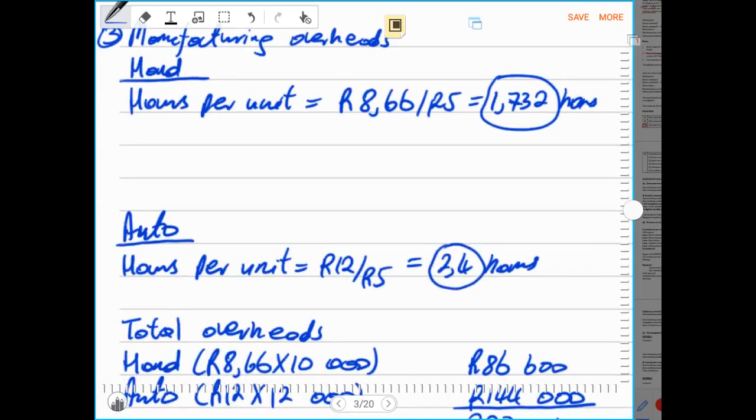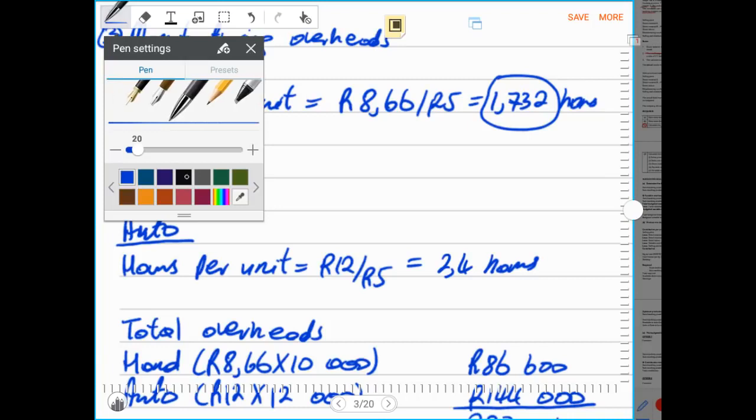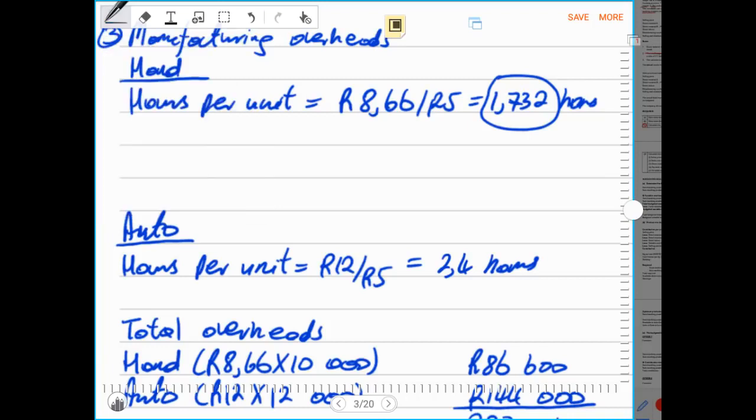So now in this case we need to calculate our budgeted overhead hours. Let us calculate the hours so that we divide by the hours and we get to the rate of overheads per labor hour.